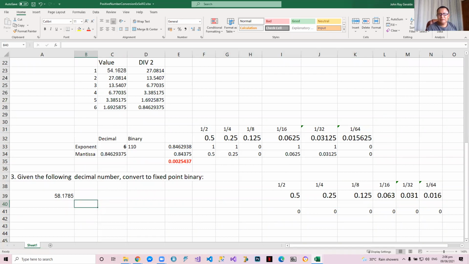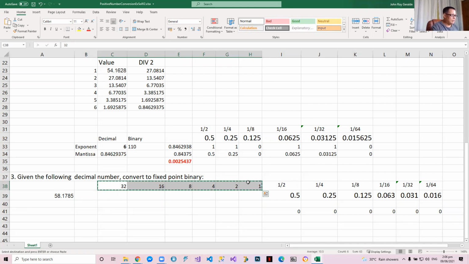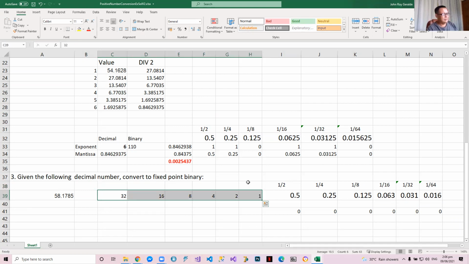Do you follow? So we'll have 1, 2, 4, 8, 16, 32. Now 64 is no longer enough, no? It's already more than 58. So we can stop at this point, right? Okay, and then we'll just copy these formulas.